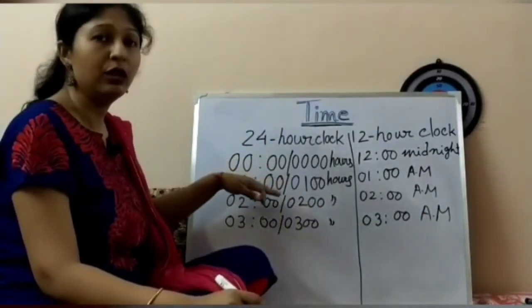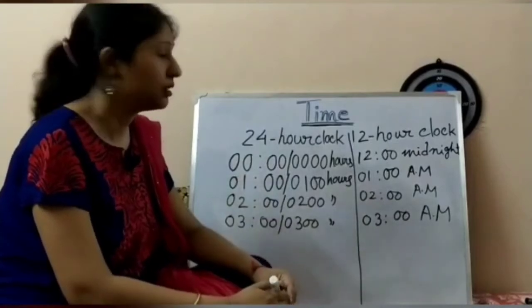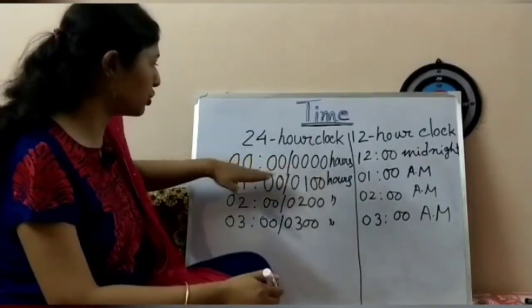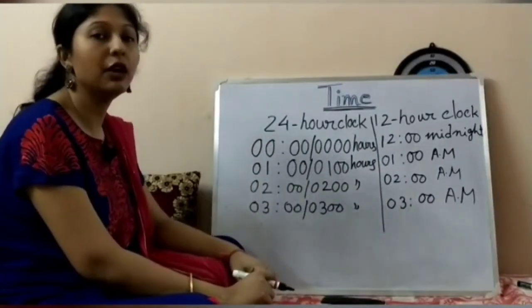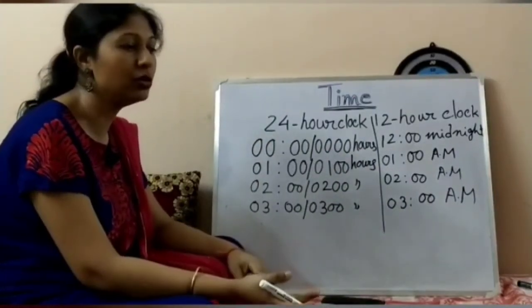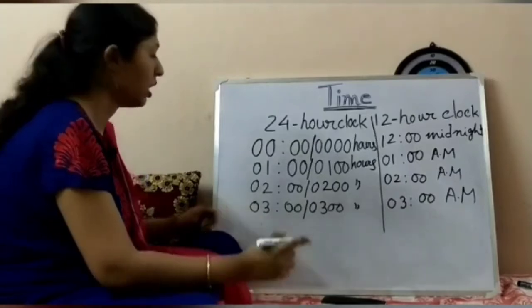If I tell you it is night, 12 o'clock, we can show 00 hours. If I tell you to write down afternoon 1 o'clock, how will we write?